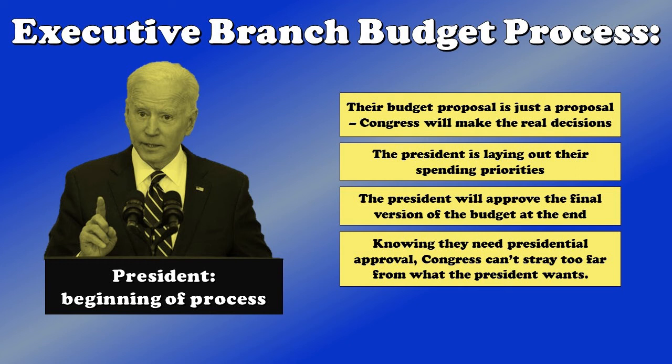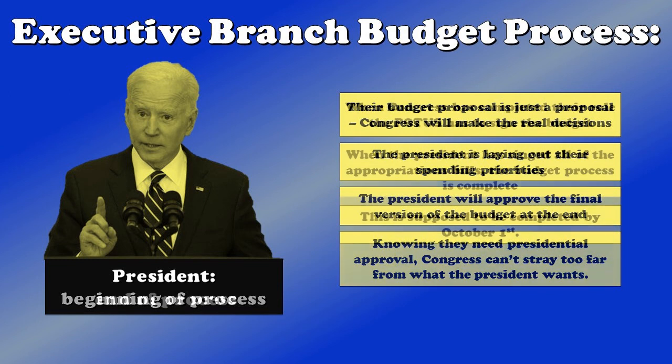So when Congress is actually writing the budget, they have to use the president's proposals. They don't have to stick to exactly what the president said, but they have to keep that in mind because they know that it's necessary for the president to agree to their budget proposal. So they don't stray too far from what the president suggested.